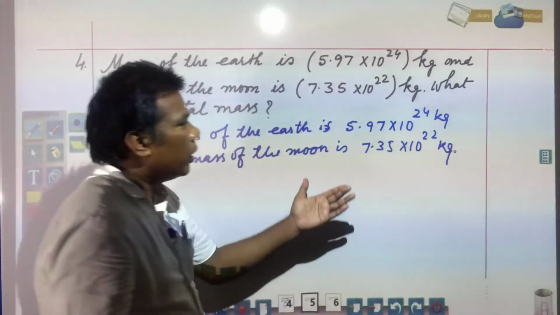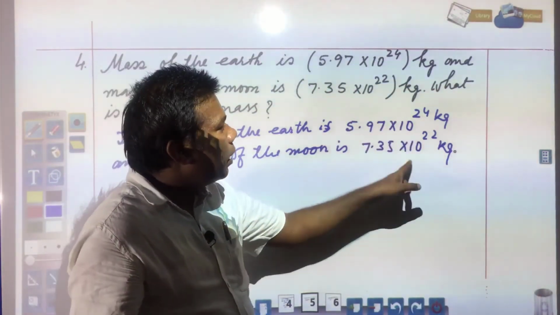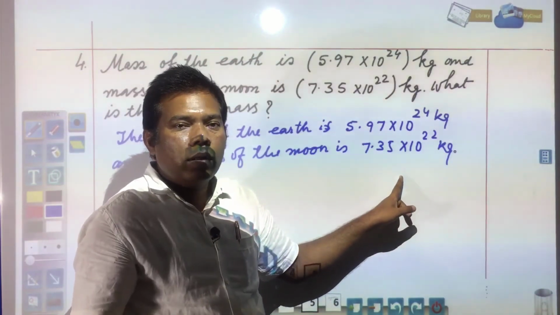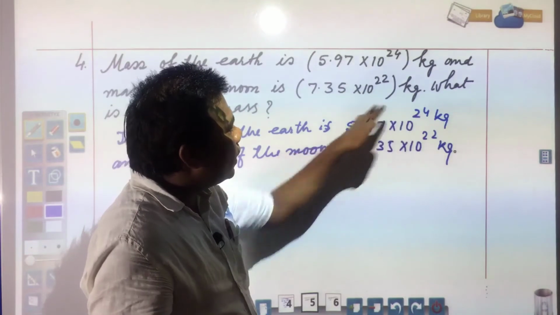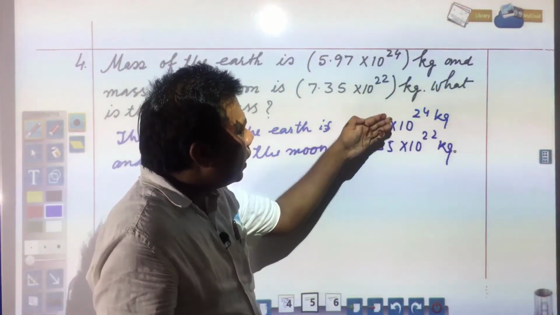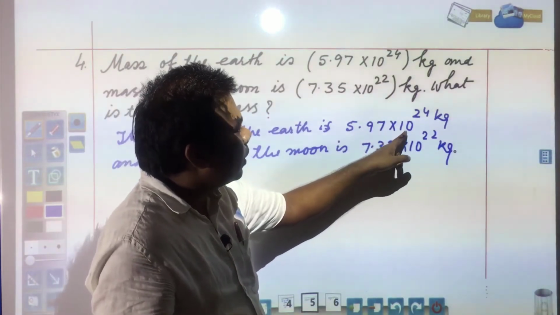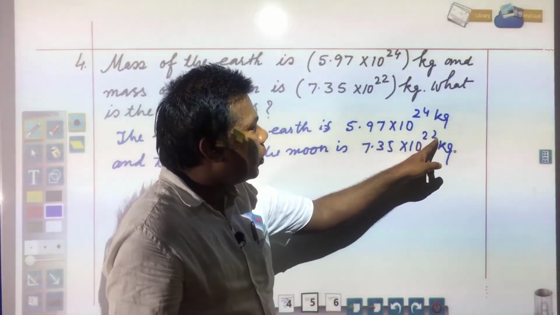Now, here you see what you need to do, how these numbers can be added. If similar powers are there, then only you can add, otherwise you cannot. So, first and foremost work will be to convert this into like powers. Here you have 10 to the power 24, here you have 10 to the power 22.